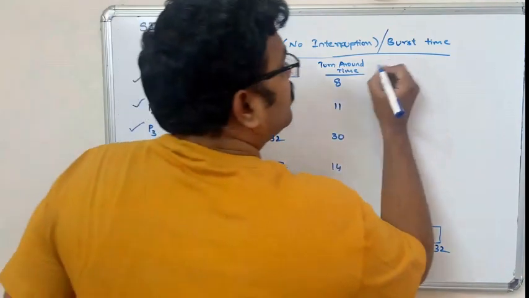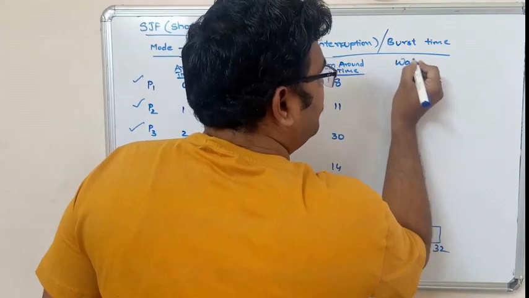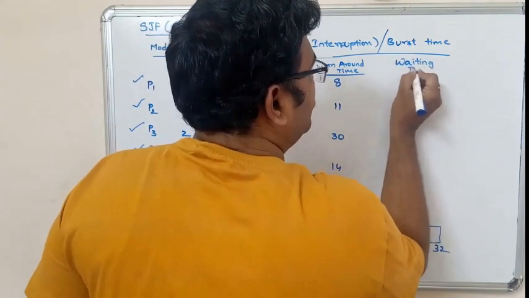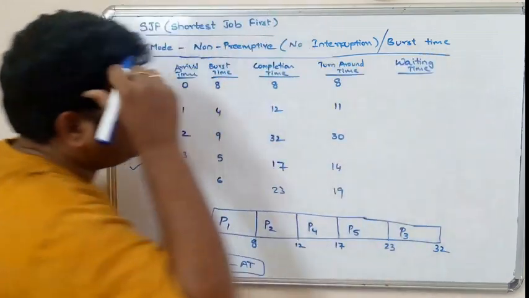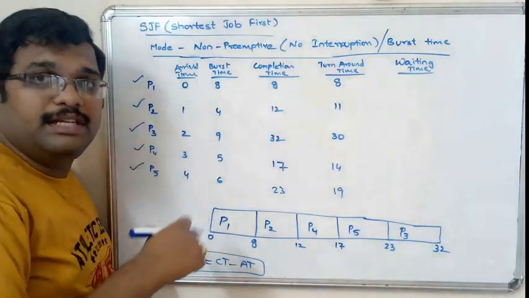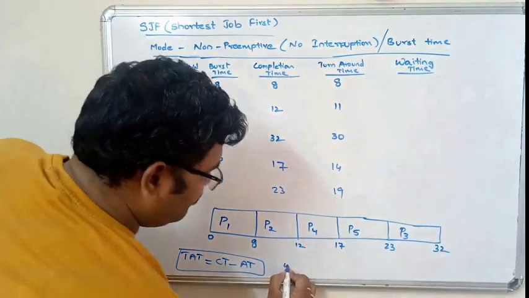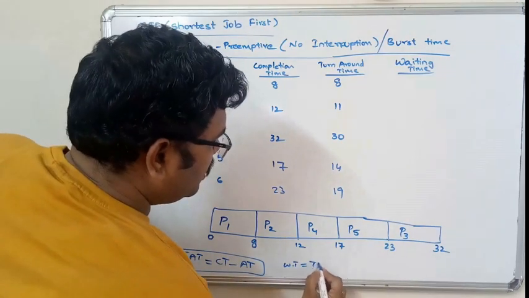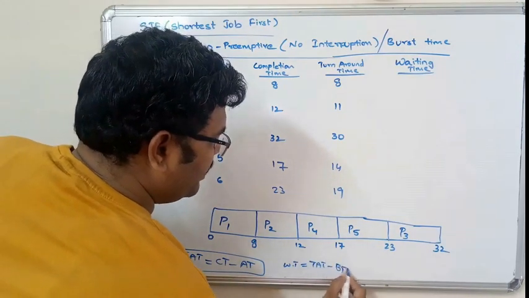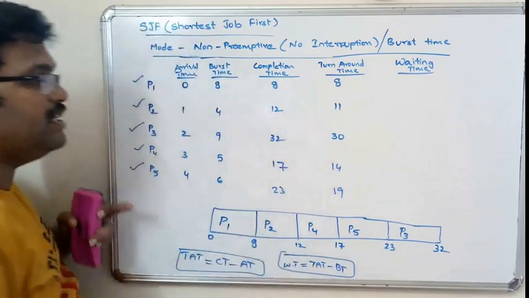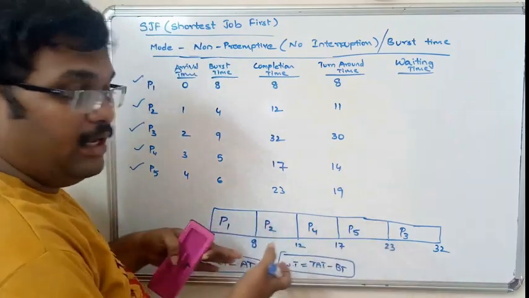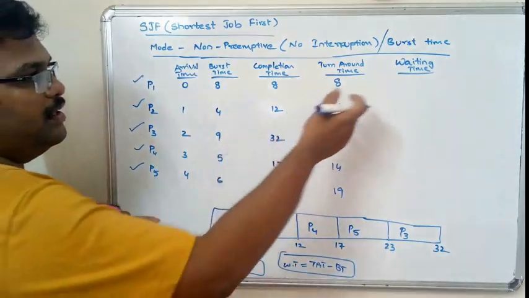Right? Now, waiting time. What is the waiting time? How much time the process waited for the CPU. So the waiting time is equal to turnaround time minus burst time, or you can simply use this Gantt chart for completion.